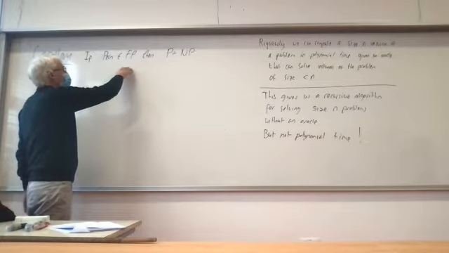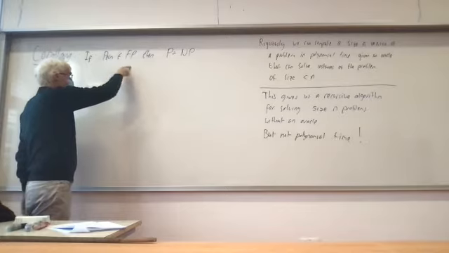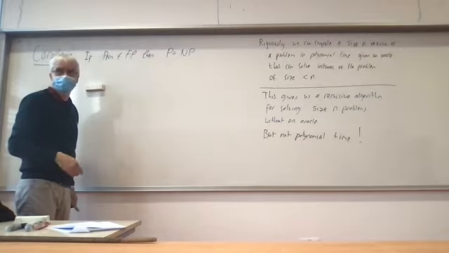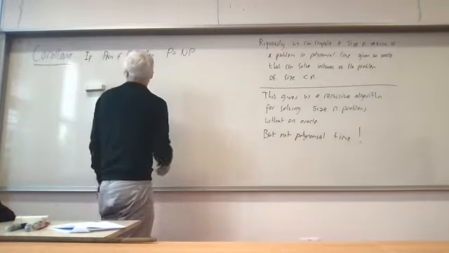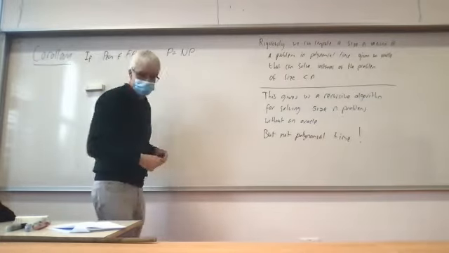And so if the permanent was computable in polynomial time, then we could compute the number of satisfying assignments of a Boolean formula in polynomial time. So we could decide satisfiability, because if that's not zero, we could decide that in polynomial time, so P would be equal to NP. So we don't believe we can compute the permanent efficiently.